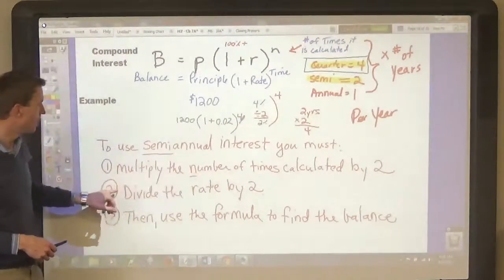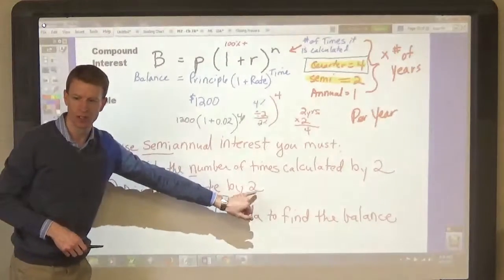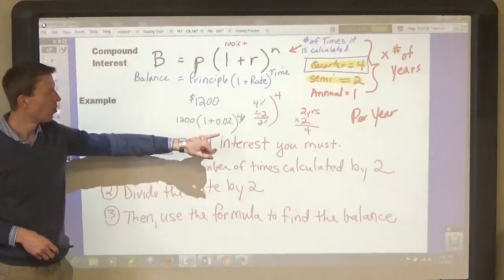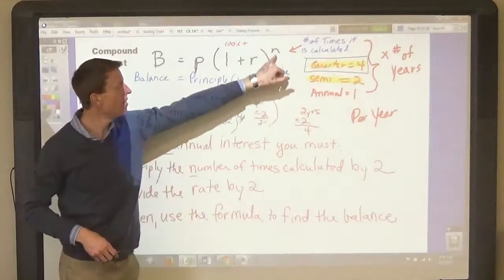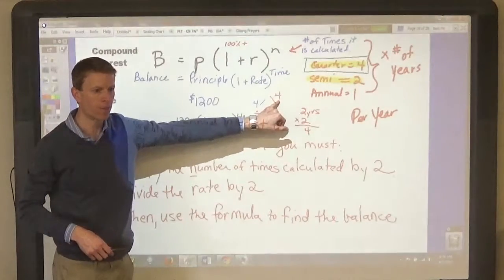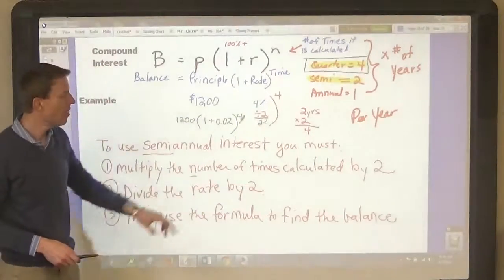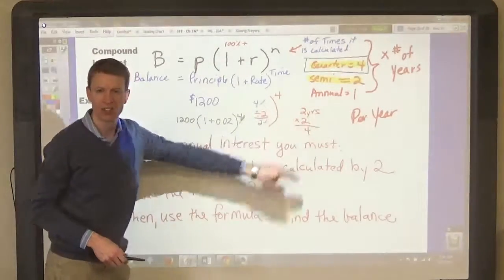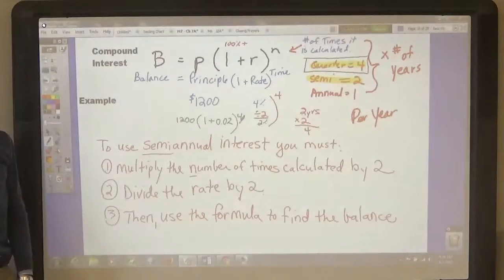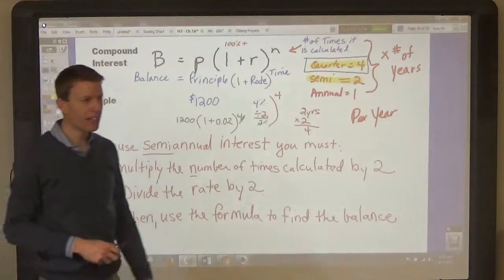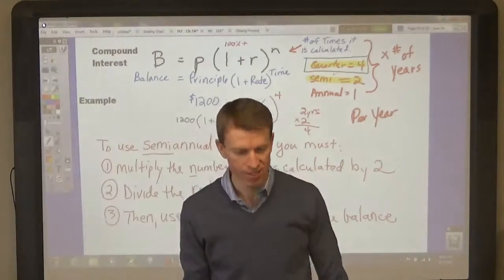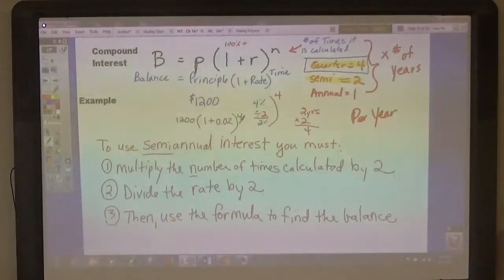Semi-annual, it says you have to divide the rate by 2 in your procedure. Where does the n come from? Where does that number 4 come from? 2 times 2. Multiply the... Good. All right. That's what you need to know to finish your worksheet. So, let's work on that together in class now.